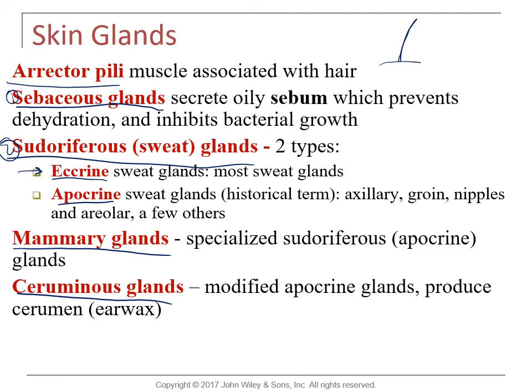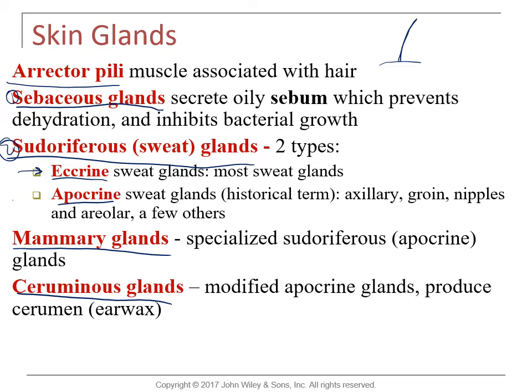The secretory portion of an eccrine sweat gland is located mostly in the deep dermis and sometimes in the upper subcutaneous layer of the hypodermis. The excretory duct projects through the dermis and epidermis and opens as a pore at the surface of the epidermis.